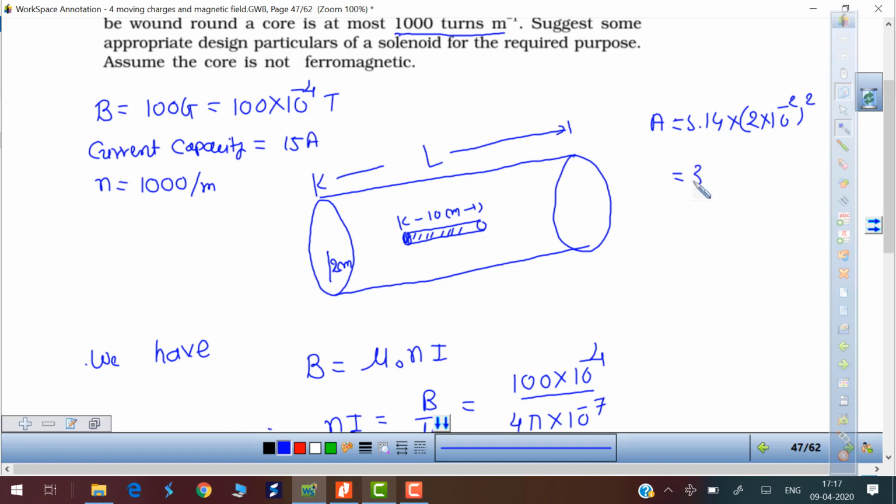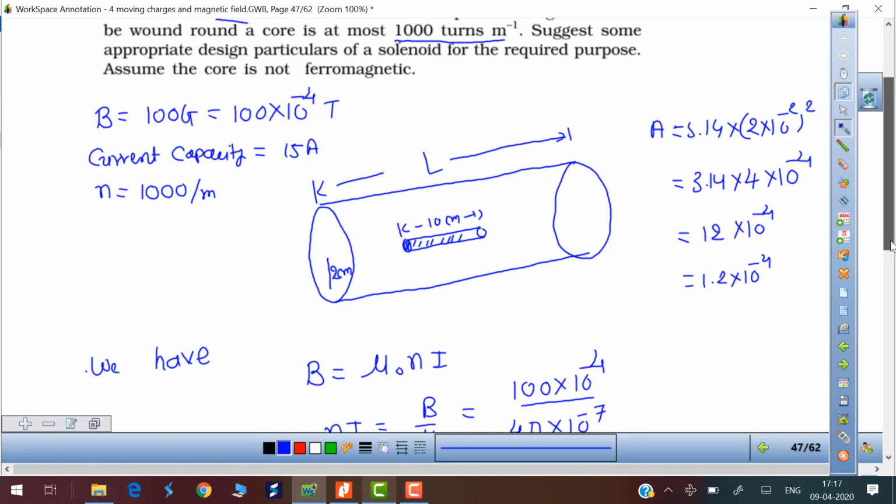So this is 3.14 into 4 into 10 raised to minus 4. So almost this is 12 into 10 raised to minus 4, so this is 1.2 into 10 raised to minus 4. Okay, so this is in meter square. Just to take the idea.